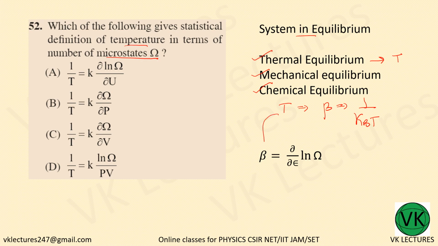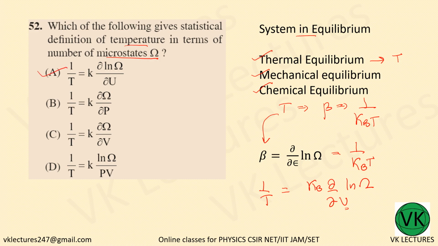So this is how you test the thermal equilibrium. Beta equal to dou by dou E of log omega, that is nothing but 1 divided by kBT. So 1 by T is equal to kB times dou by dou U of log omega, where U is nothing but energy. So from the question your option A is correct.